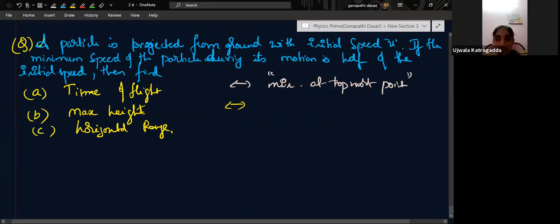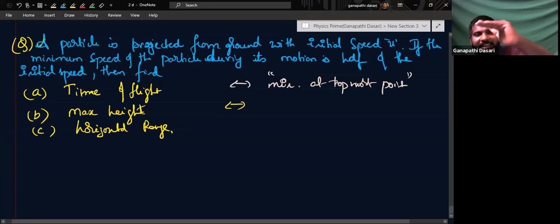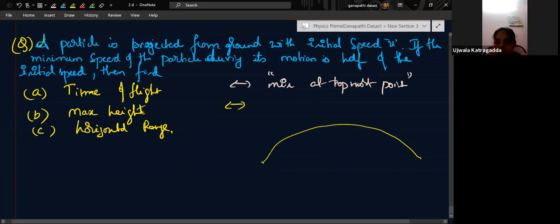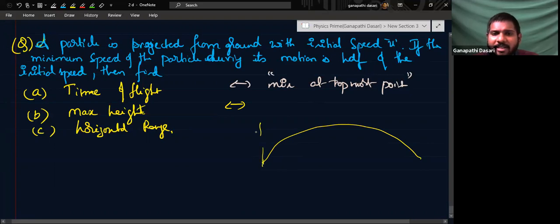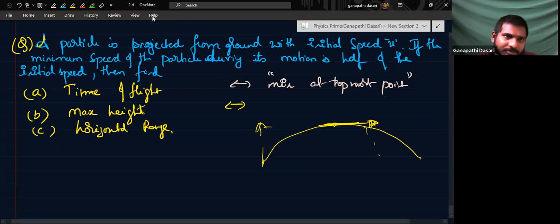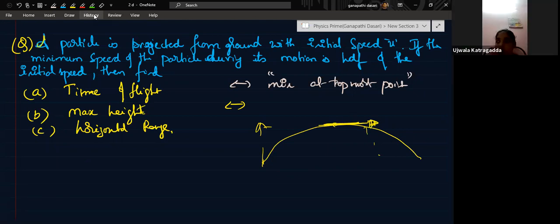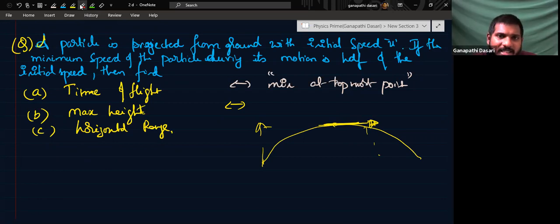If you draw the projectile, the vertical velocity becomes 0 at the topmost point and then slowly keeps on increasing, but the horizontal remains constant. At the topmost point, the velocity is exactly horizontal because the vertical component is 0.